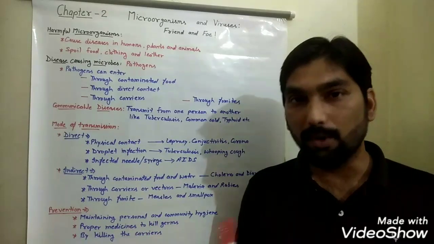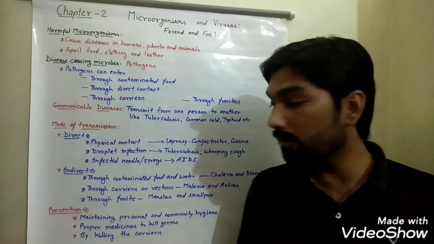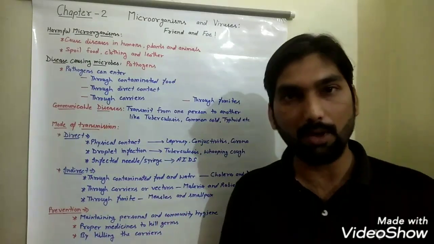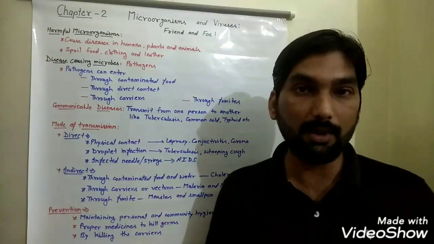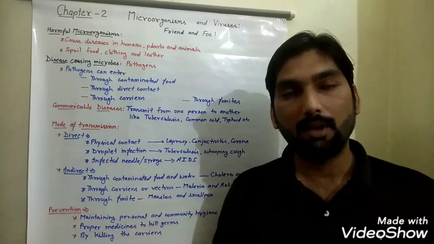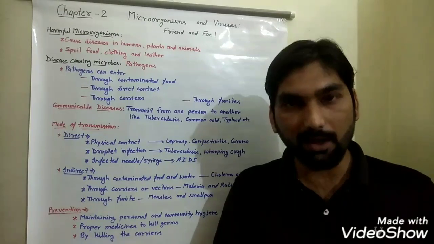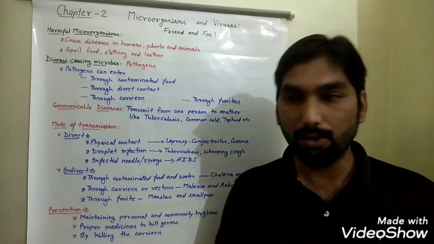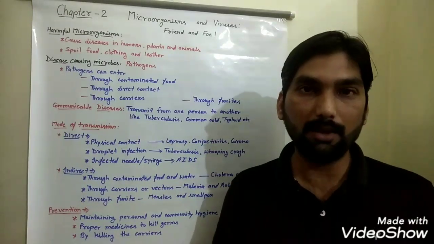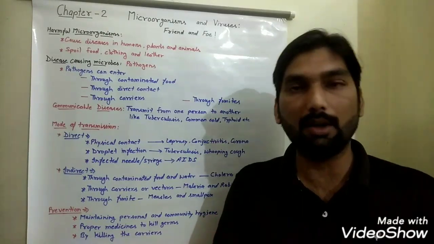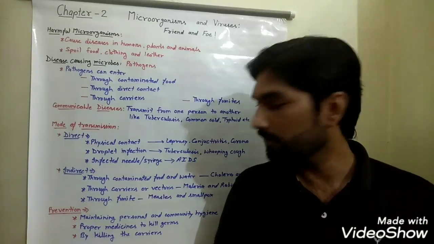Remember students, personal hygiene along with community hygiene. If our surroundings are neat and clean, and the person himself is very hygienic, then by maintaining hygiene we can avoid the growth of these germs, and if the germs do not get suitable conditions, they will not grow and they will not affect the healthy person.